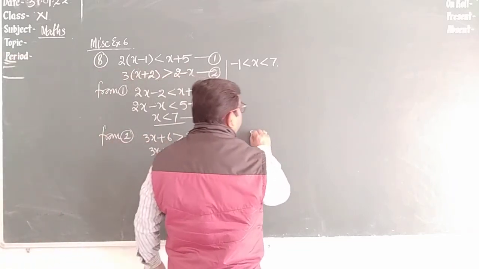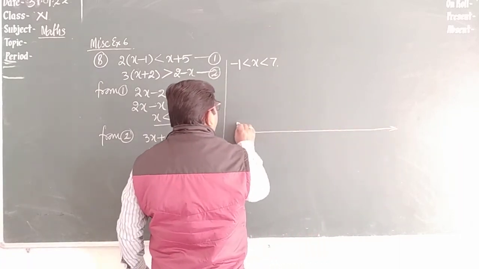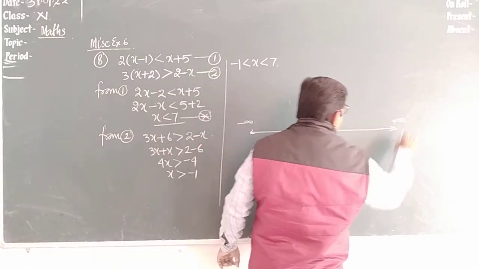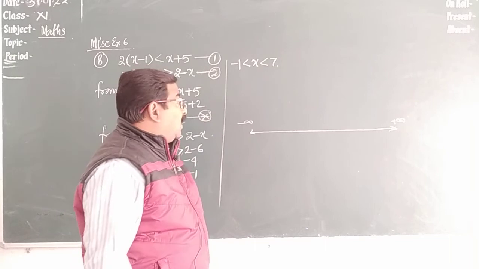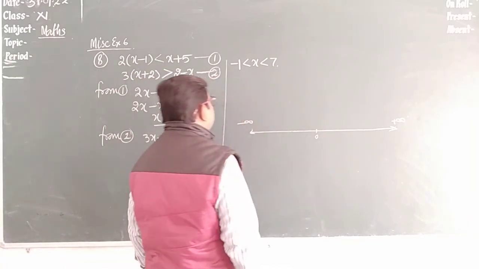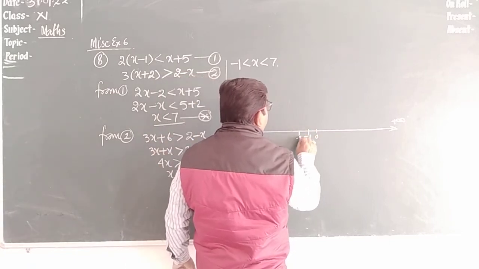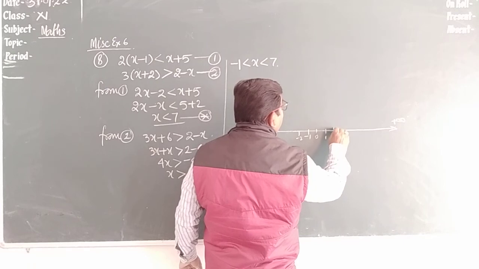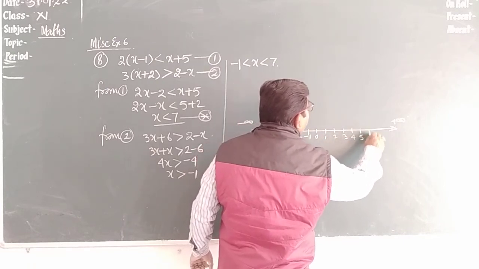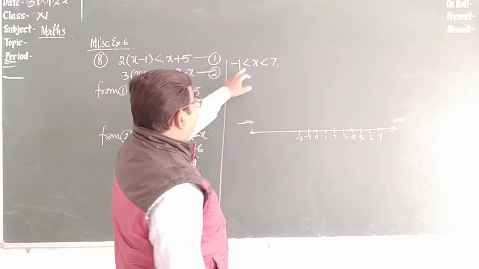See, this is the number line, minus infinity to plus infinity. After this, this is 0. This one is minus 1, minus 2. Here we have 1, 2, 3, 4, 5, 6, 7. The inequality is strict.